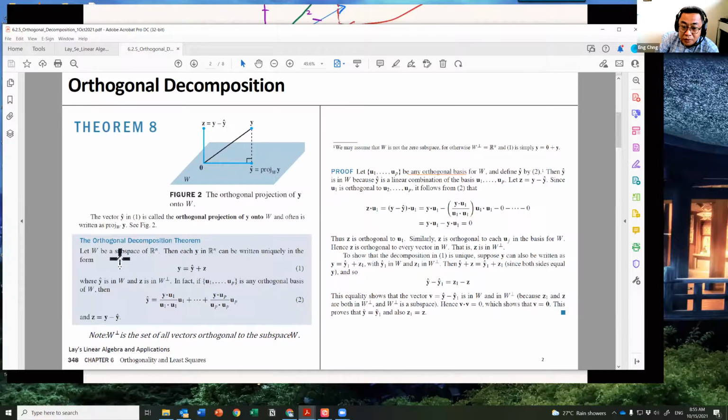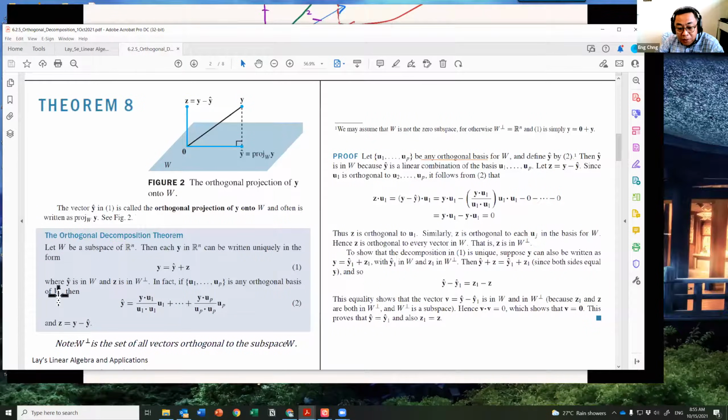Here it also says that the nearest point of Y onto a point in W is the projection of Y into W. And in our tutorial 6, if W is spanned by an orthogonal basis, here's the key point: Y hat is simply the projection of Y onto U1, Y onto U2, until Y onto Up, and sum it up. So let's see this method.